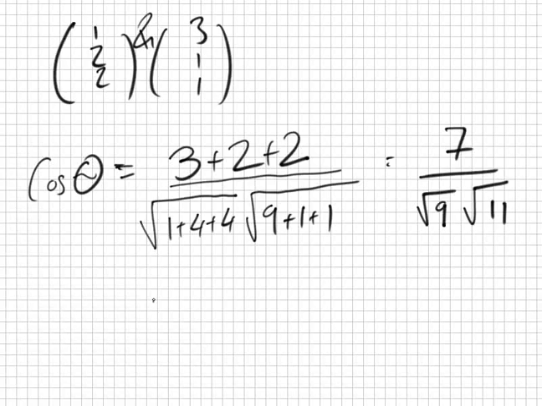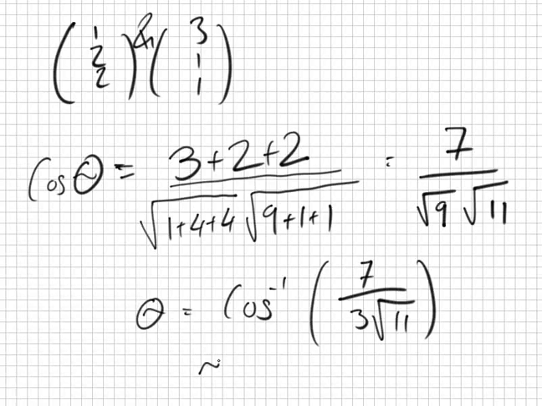So theta equals cos inverse of 7 over 3 root 11. What's that going to be, please? 45.3 degrees.